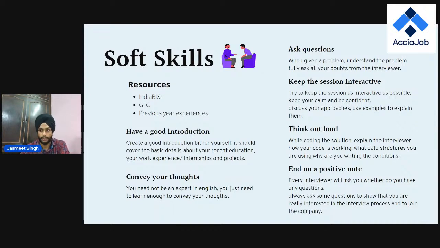And you should end with how you will be a great contributor to that company. As I said, I have worked in various fields and I know how industry works, and I have the knowledge of several products. So yeah, I think I will be a great fit for your organization. So that's how you should have an introduction, right?